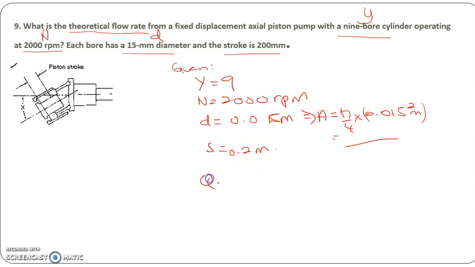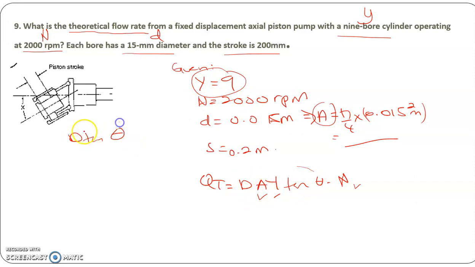So Qt equals D times A times Y times tan theta times N. The given data is Y and A, also the N. But we don't have the data on D times tan theta.